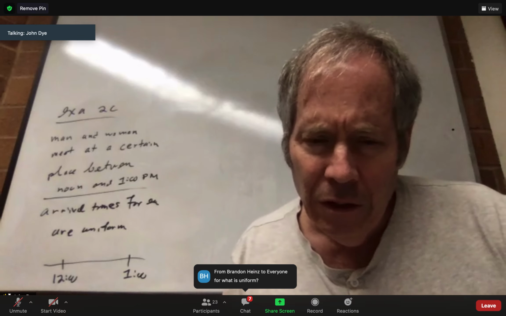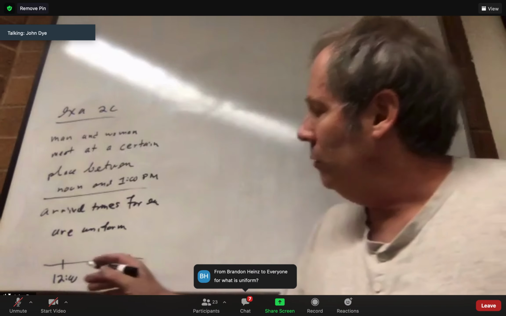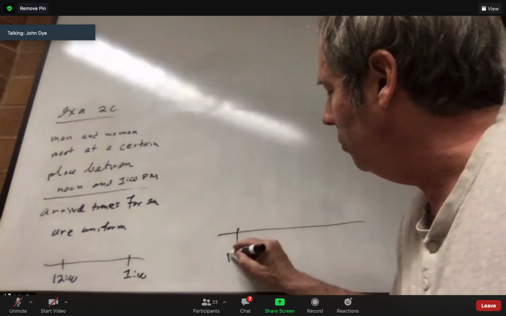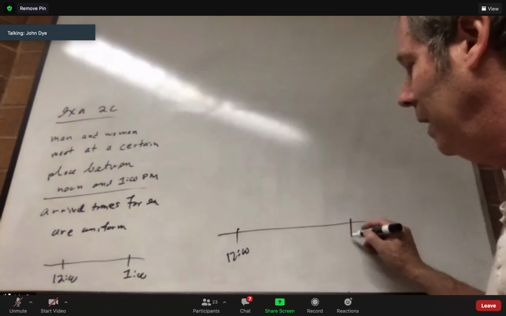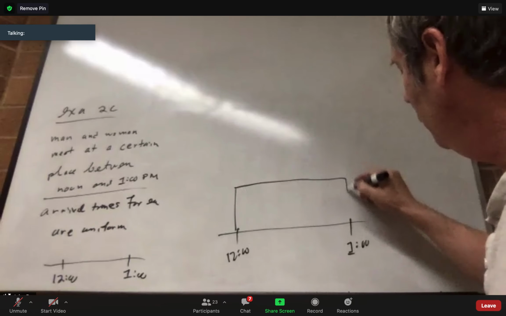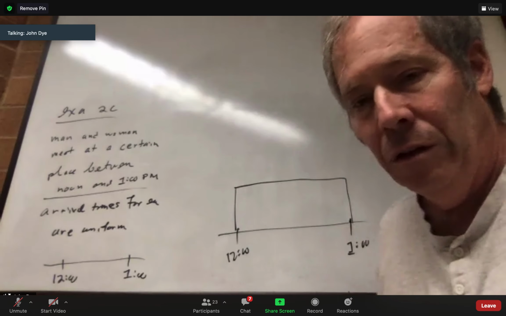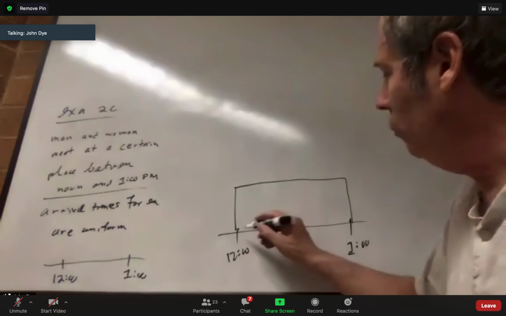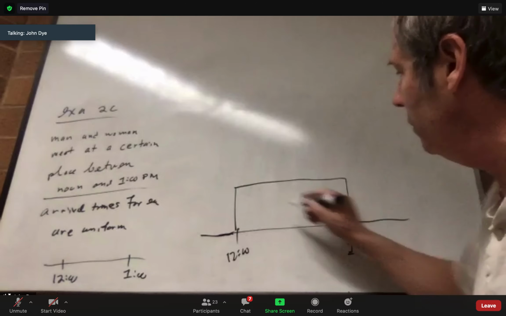Somebody asked me, what is uniform? Okay, so this is the uniformity. Here's 12, that's the earliest time, and here's the latest time. Then the density function of the arrival time for, say, the man looks like this. This is called a uniform distribution.